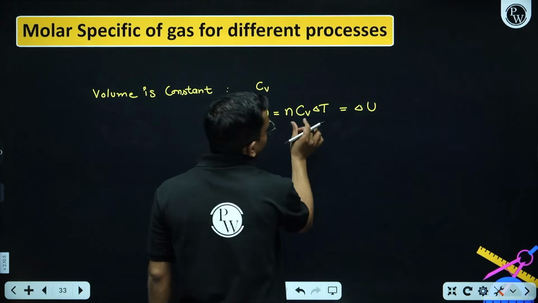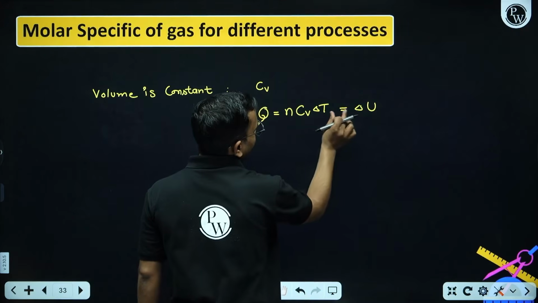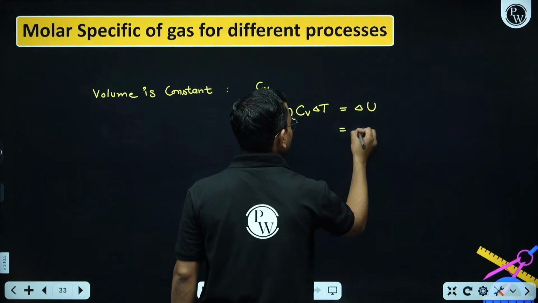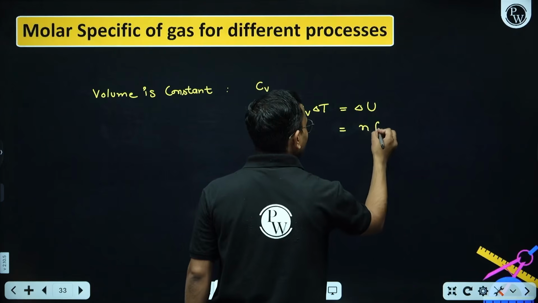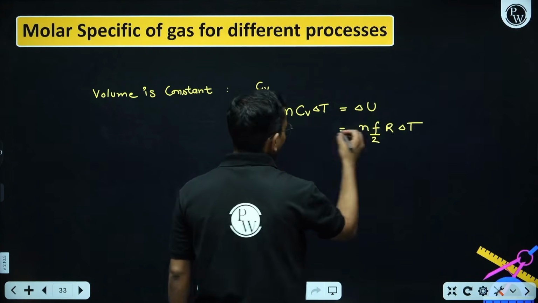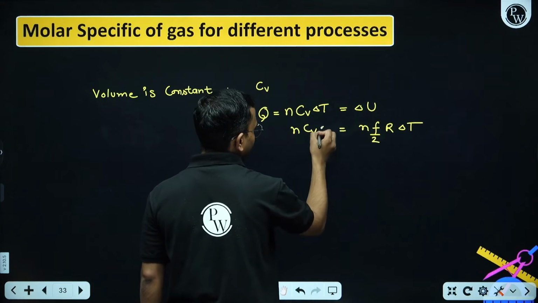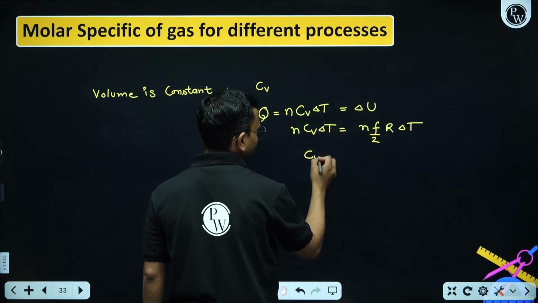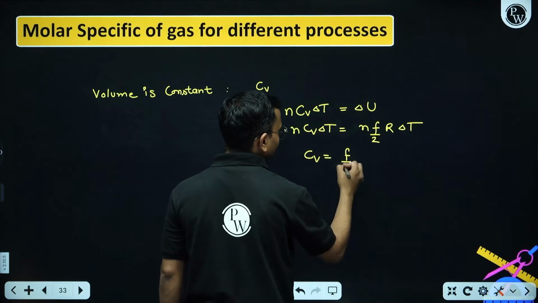So N CV delta T is equal to delta U. Delta U is N into F by 2 into R into delta T. From there I get CV to be F by 2 into R.